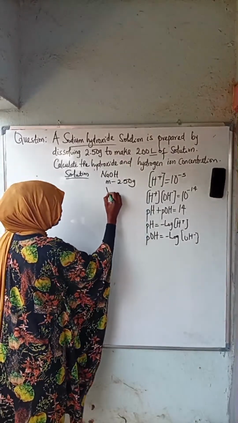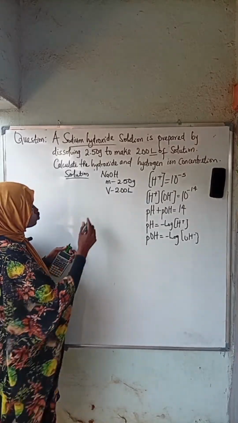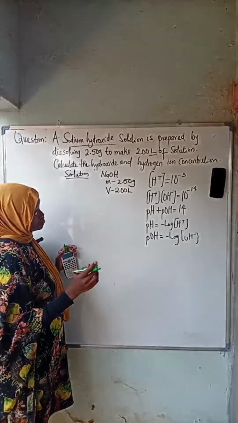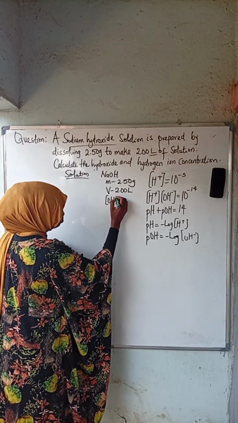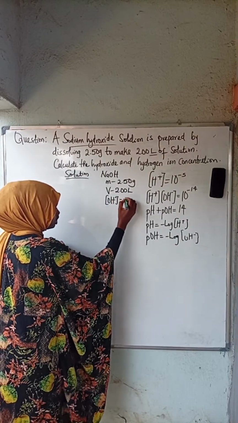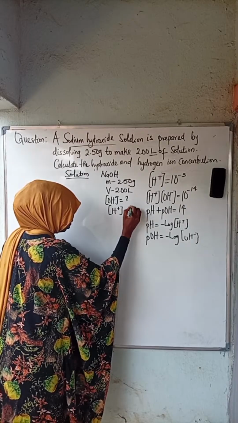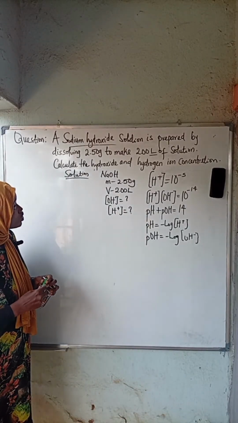What this means is the volume. 2.00 liters is the volume. So we need to calculate the hydroxide concentration. So we are looking for the OH minus concentration and also the hydrogen ion concentration, that is the H plus. So these are the two we have to find here.